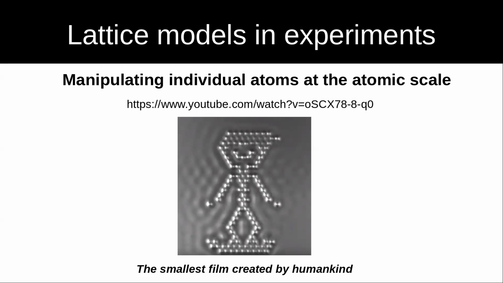So every single dot that you see in that image is an actual individual atom. And you can see a very beautiful story of a kid playing with his atom. And this is actually the smallest film ever created by humankind. So these models using a few sites can actually be realized experimentally, and they will be relevant later on during the course.